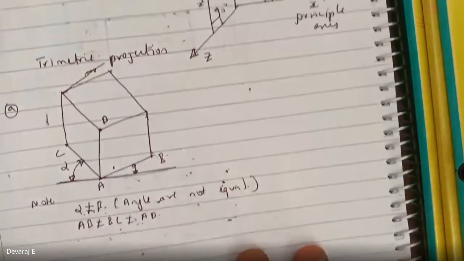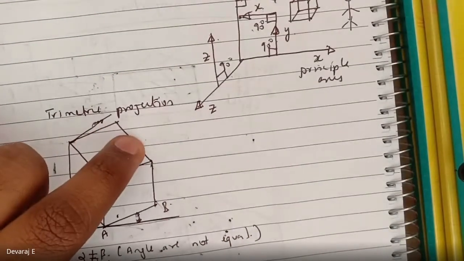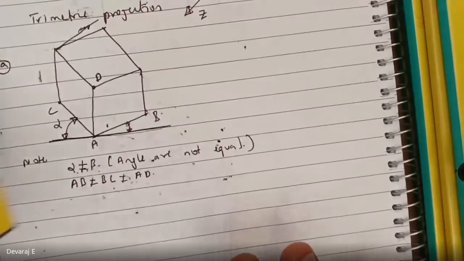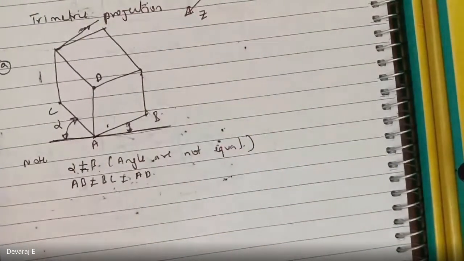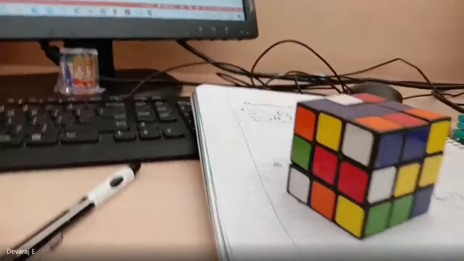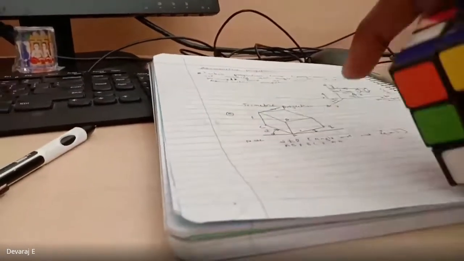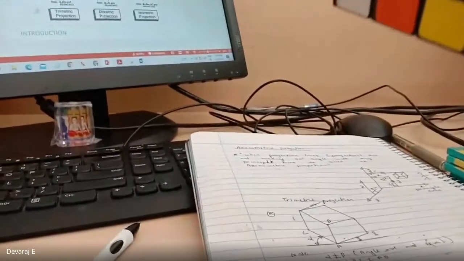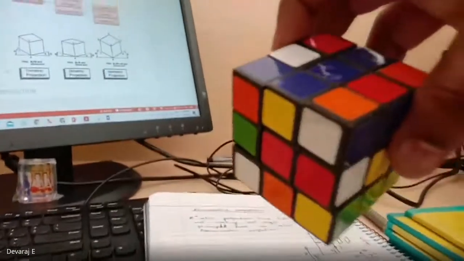So this is called trimetric projection. Trimetric projection means, take a cube, see here. This is a condition. If you take a cube and incline it like this, there will be a reference plane, a reference line.